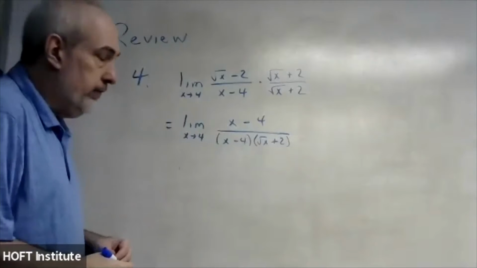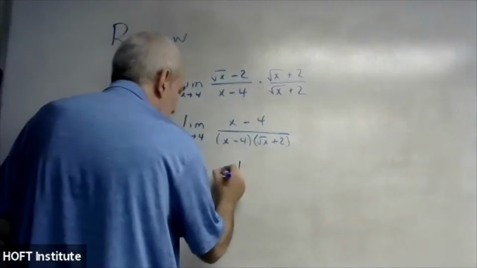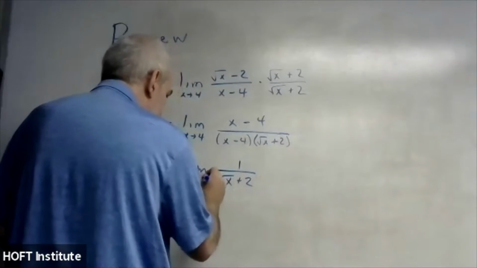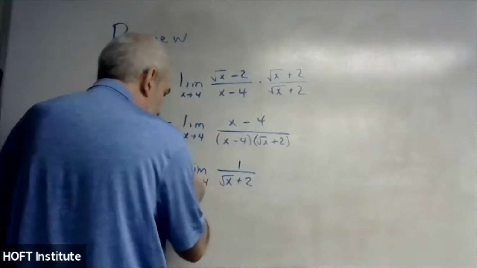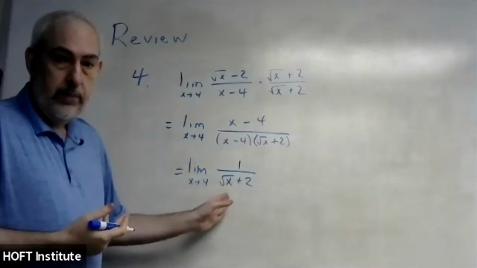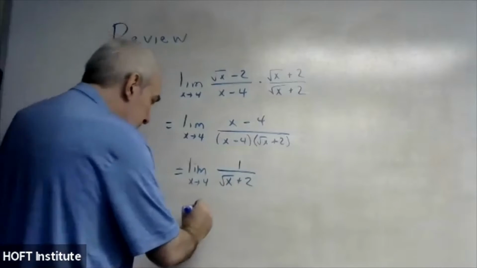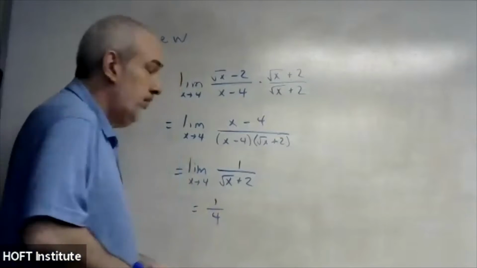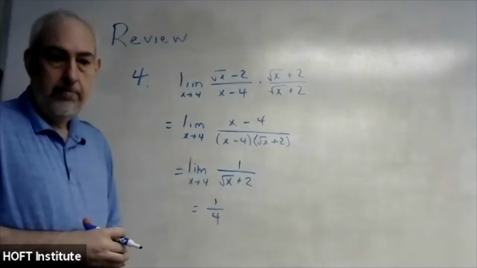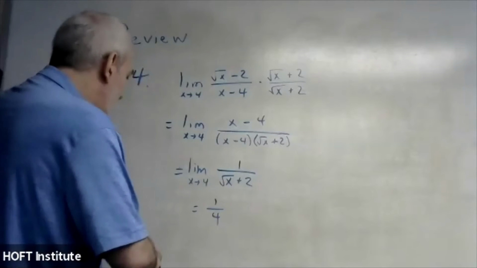And then the x minus 4's cancel on the top and bottom, leaving you 1 over root x plus 2. Now plug in 4. Square root of 4 is 2, plus 2 is 4, so 1/4. So the limit is going to 1/4. All right.